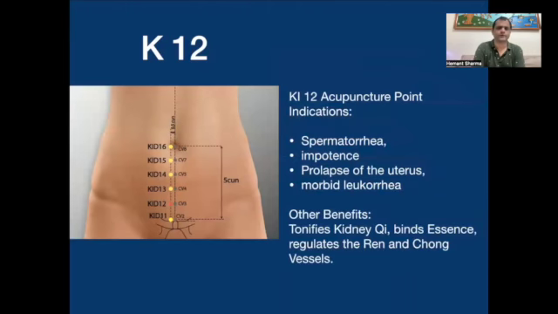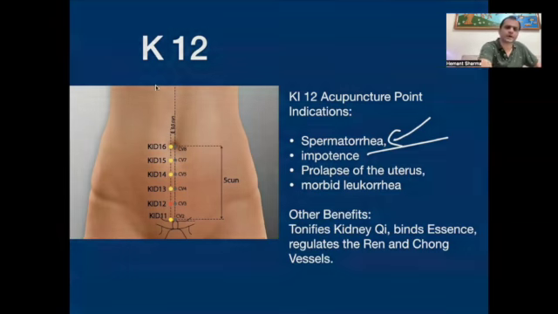So the Kidney 12 point is a very good point again for spermatorrhea, impotency, uterine problems like prolapse of uterus and leukorrhea. कि ये करता क्या है? कहते हैं कि किडनी 12 पॉइंट ईसेंस को बांध कर रखता है. बांध के रखने का मतलब क्या है? पकड़ के रखता है.